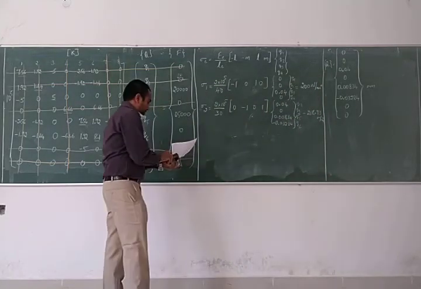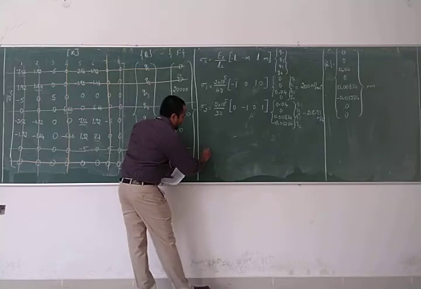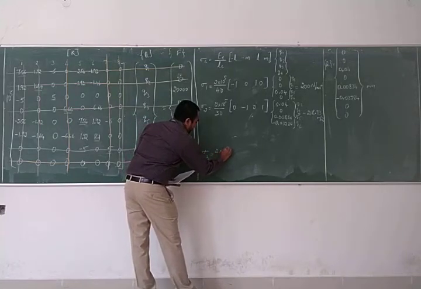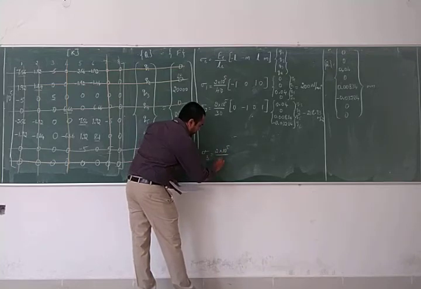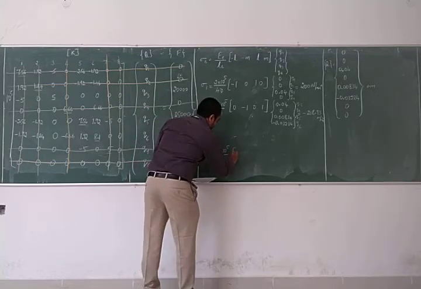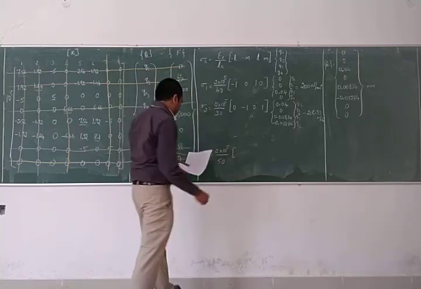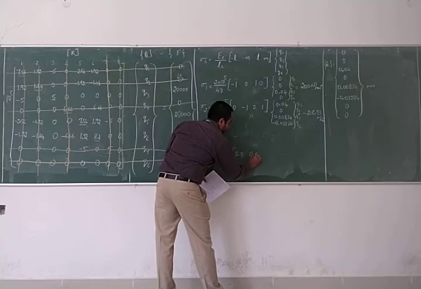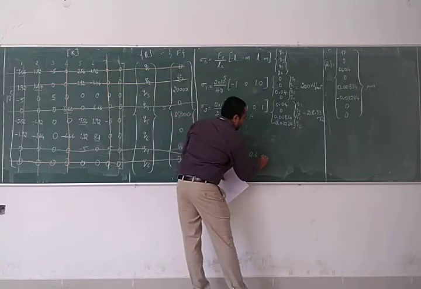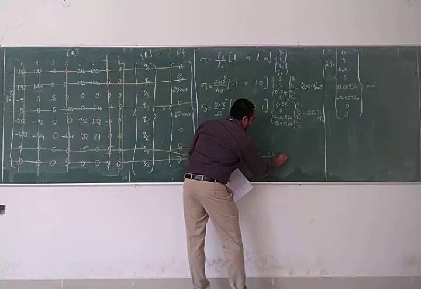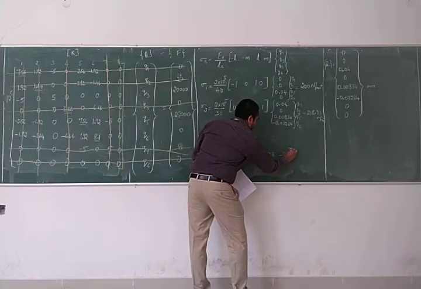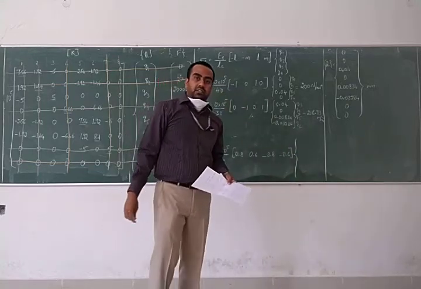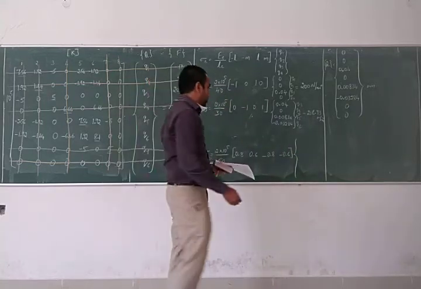Now for stress at element 3, sigma 3 is equal to 2 into 10 to the power of 5 divided by length, which is 50, multiplied by L value 0.8, M value 0.6, minus 0.6, minus into minus plus. So this is minus 0.8 into minus 0.6 multiplied by, for element 3 the initial node is 3, displacement for that is Q5 and Q6.